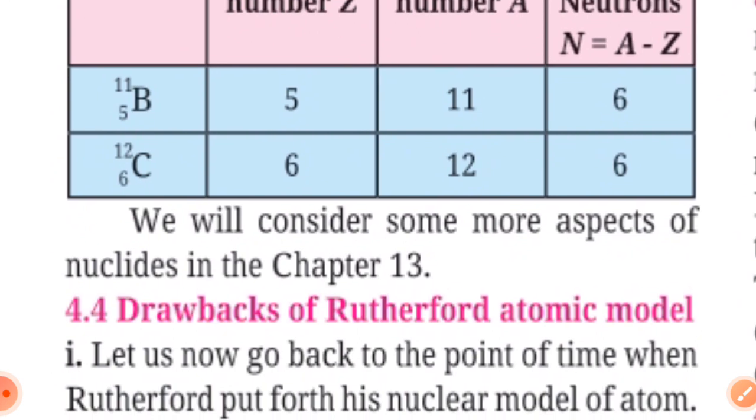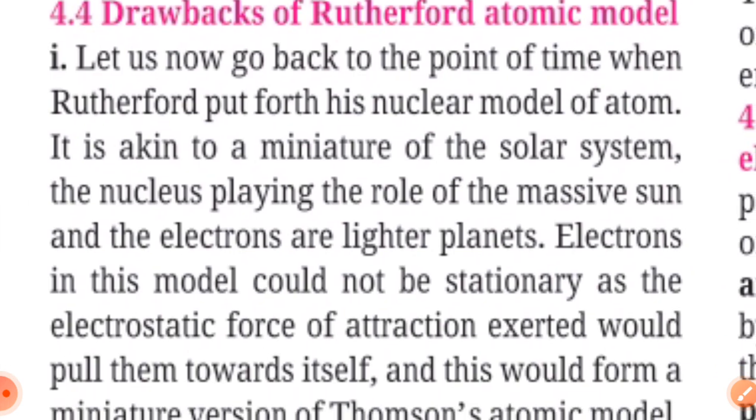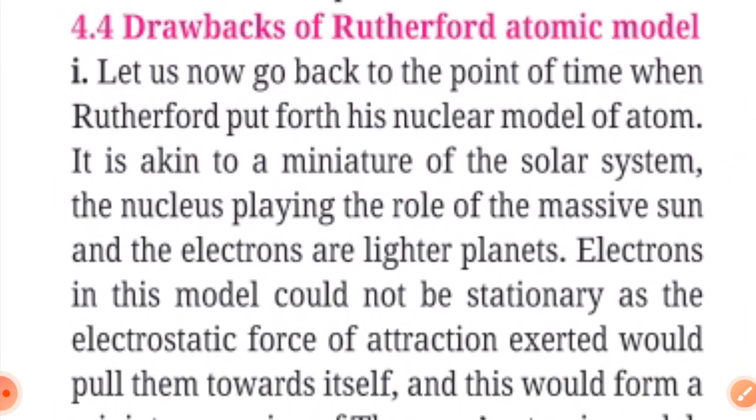We will consider some more aspects of the nucleus in chapter 13. Drawback of the Rutherford atomic model. Let us now go back to the point in time when Rutherford put forth his nuclear model of atoms. It is akin to a miniature of the solar system, the nucleus playing the role of the massive sun and the electrons the lighter planets.